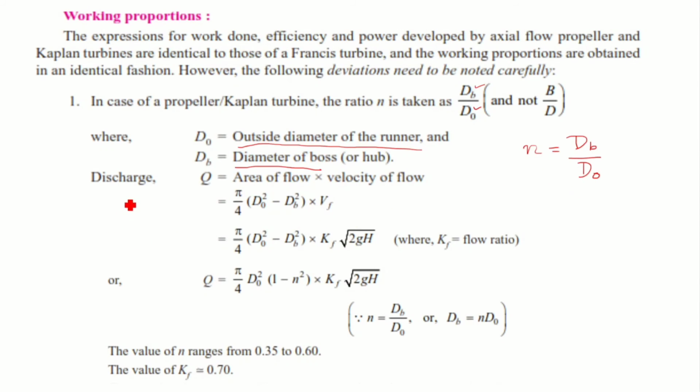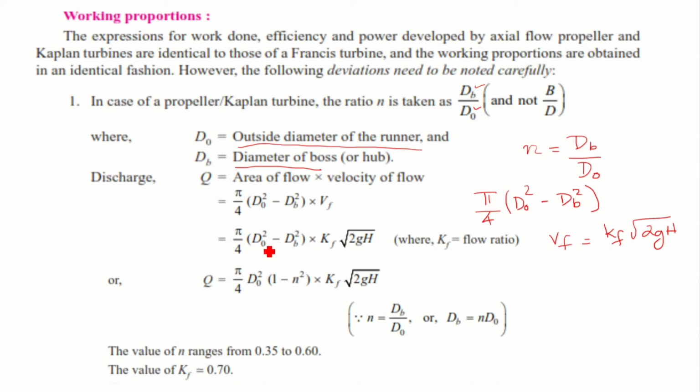Next is the discharge through the turbine. It is found by area into velocity of flow. The area through which the water is flowing is obtained from the equation pi by 4 into dO square minus dB square, into velocity of flow Vf. We also know that Vf is equal to flow ratio into root 2gH. So the discharge is pi by 4 into dO square minus dB square, into Kf into root 2gH.